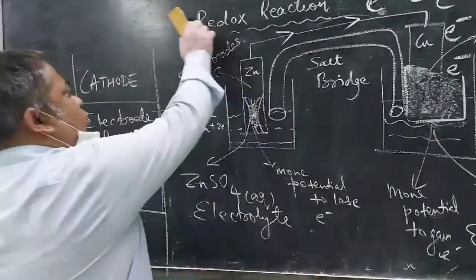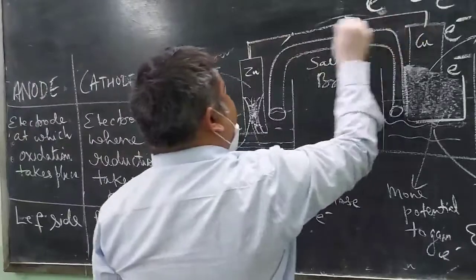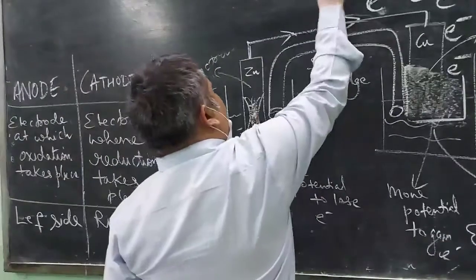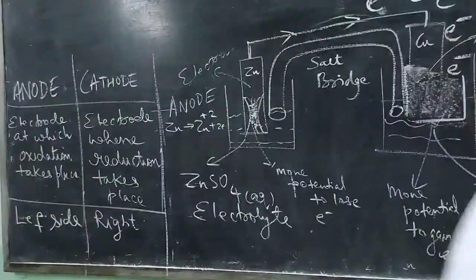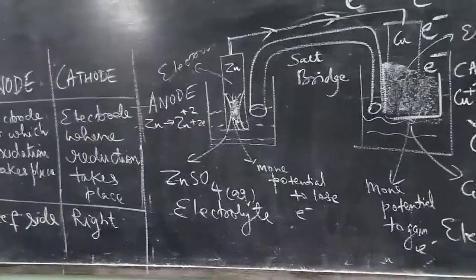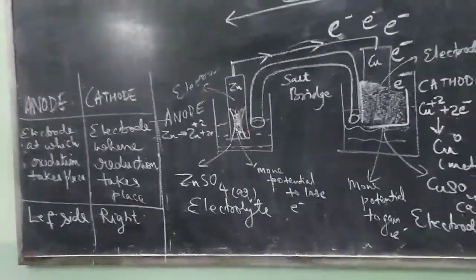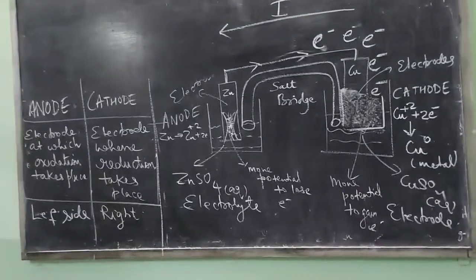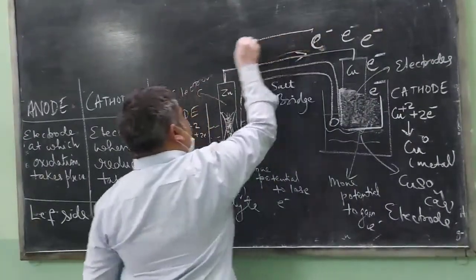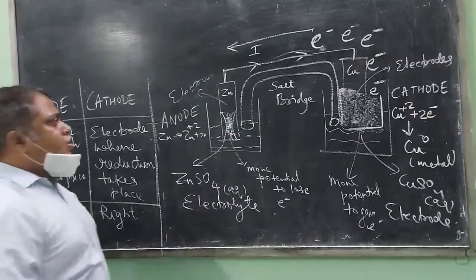Now since electron is flowing, that means current will develop, and direction of current will be opposite to the direction of the flow of electron.